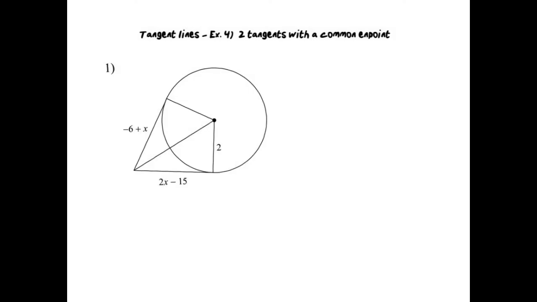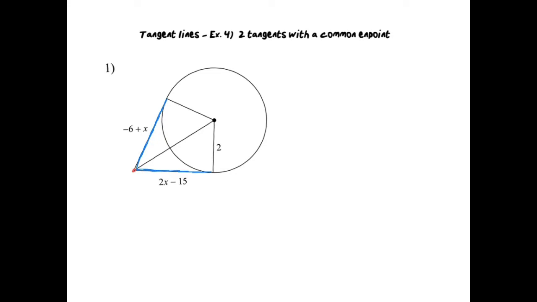Hey guys, we've learned some really cool things about tangent lines and radii. In this example, we're going to be using the third thing that we learned in our notes, which talked about two tangents, such as this guy and this guy, and what happens when they intersect at a common point there.